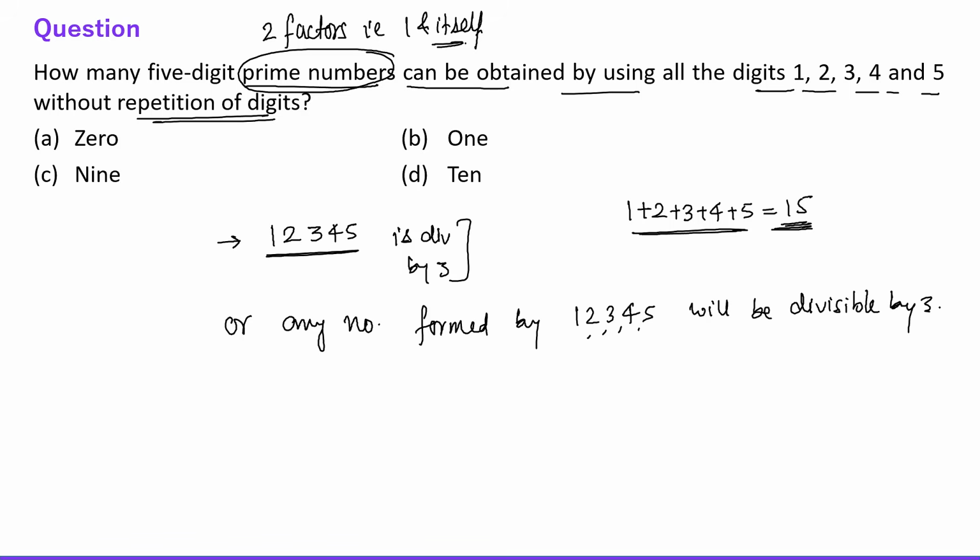So it won't be a prime number, right? No prime number can be formed using these 5 digits, because any number you form will be divisible by 3. So the answer is 0. Okay, hope you are getting it. Now let's move to the other question.